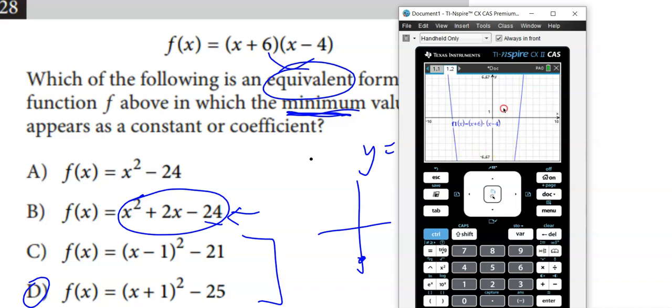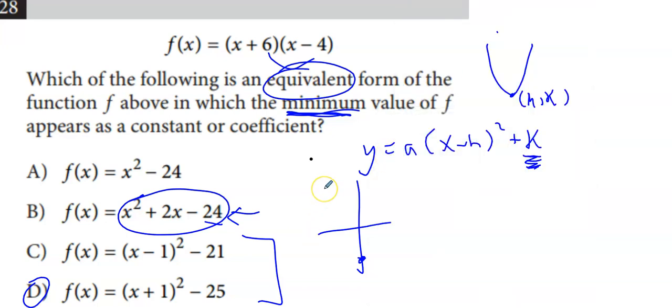And if you kind of trace it here, so if you go menu 5.1, you see the y-intercept is -24. The lowest value there does look to be, the minimum is -25. So the very lowest point is at -25. That is the minimum of the graph, which is what the question asked for. So that'd be another way to do it if it was a calculator question.